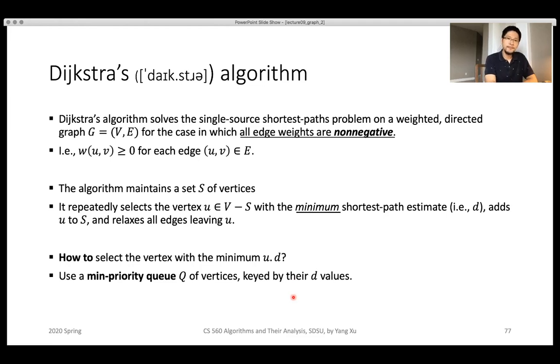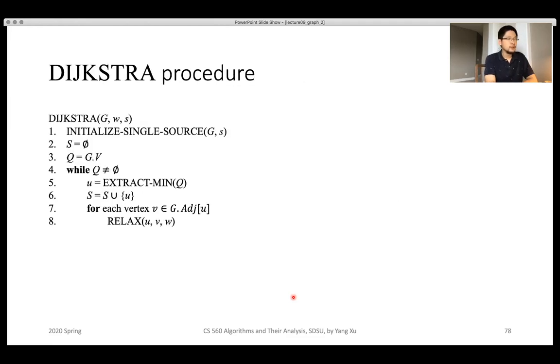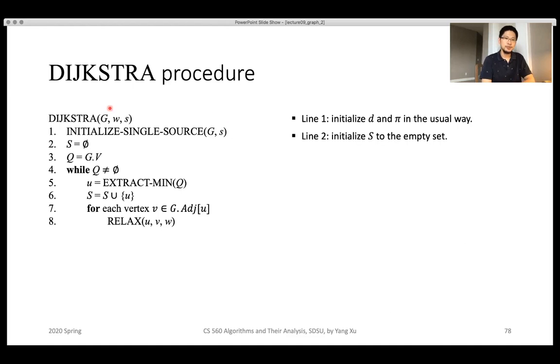Okay, so if we look at the pseudocode of Dijkstra, it looks like this. It has one line of initialization, which is a necessary part, and line 2 initializes the set S to be empty. Then at line 3, we construct a minimum priority queue with all the vertices in the graph.